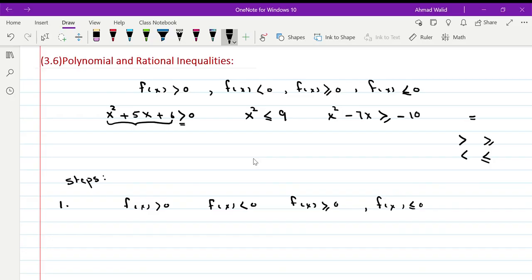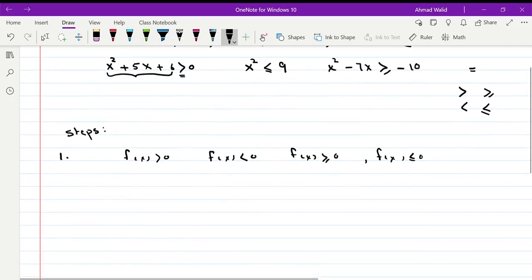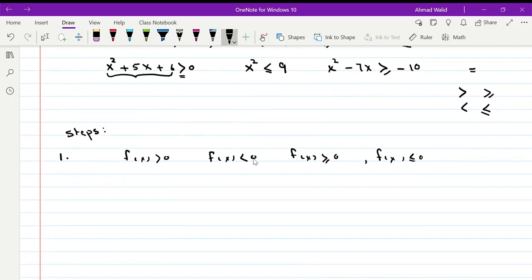What does it mean to express it in this form? It means if an inequality is given, for example, x squared plus 5x greater than negative 6, you bring everything to one side and make the other side always 0. That's your step 1. Remember, bring everything to one side and make the other side what? 0.